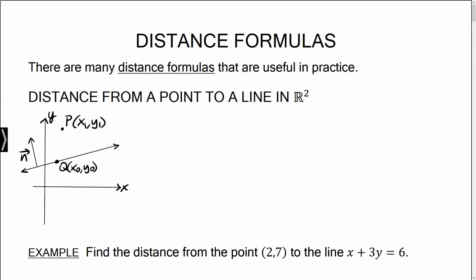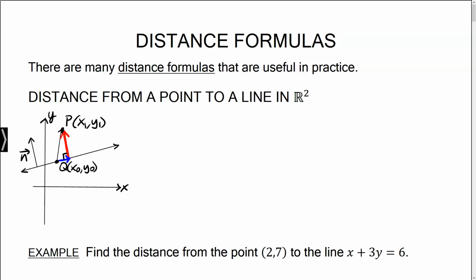Now the idea is that we're going to look at the vector from Q to P, and the distance from the line to the point should be the normal component of that vector. So if we draw this vector here, the vector QP, and think about breaking it down into 2 components, one in the direction of the line, the other normal to it, then we get these 2 pieces.